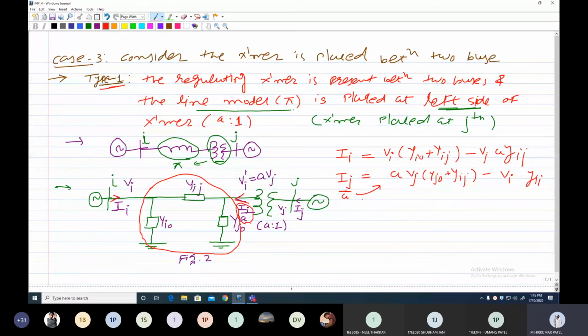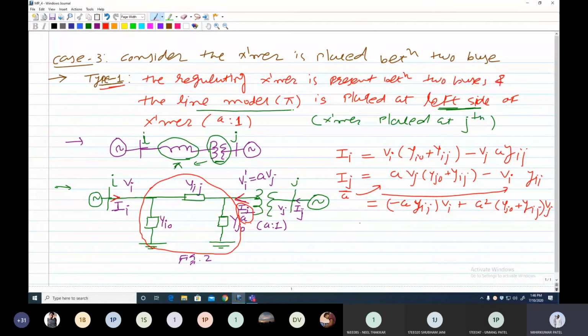So just multiply this A, then we will get the final equation: minus A into Yij into bracket Vi, plus A square into bracket Yj0 plus Yij into bracket Vj. Clear up to this?